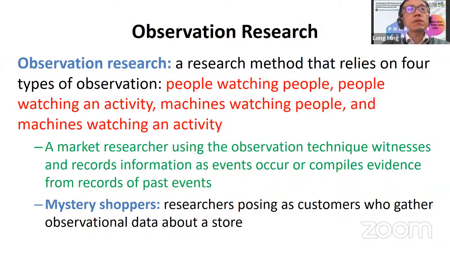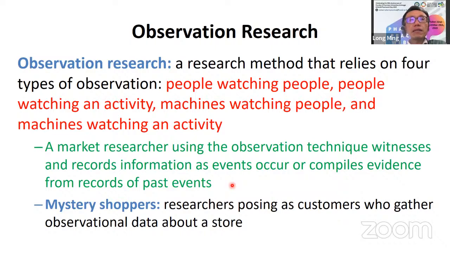Then you have a human observing activities. The third one, machines observing a human's activities. And the final one, machines observing activities. Okay. So these observations will then be properly recorded and analyzed. Okay.